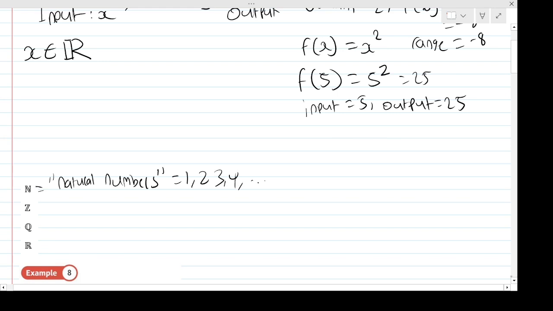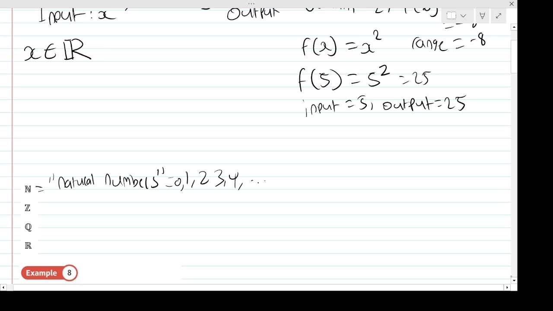You can include 0, as it's not strictly a negative number. 0 is not negative; it doesn't have a negative sign attached to it. So you can call it 0, 1, but the whole idea is not getting that fiddly. It's essentially the list of positive integers, right? Positive whole numbers. So it goes from 0, 1, 2, 3, 4, 5, 6, and so on. These are natural numbers, okay?